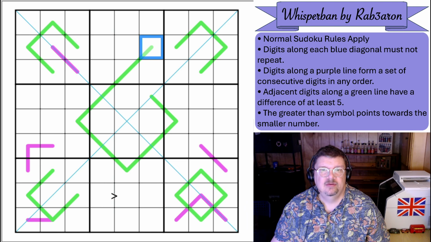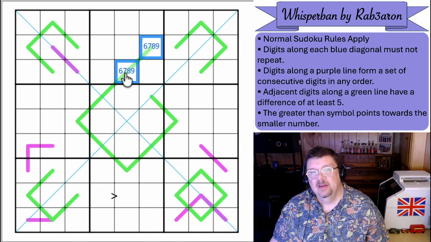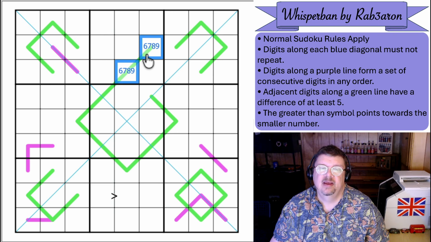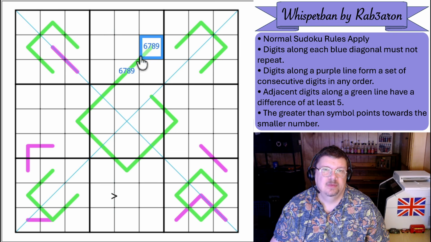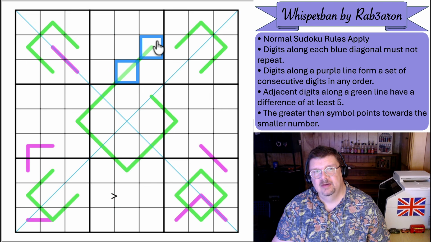I can't place 2 high digits above 5 next to each other. Let's see what happens if I try. Well, the maximum difference between those 2 digits is going to be 3 between the 6 and the 9, but we're required to have a minimum difference of 5. And the same would apply if I tried putting 2 low digits next to each other.